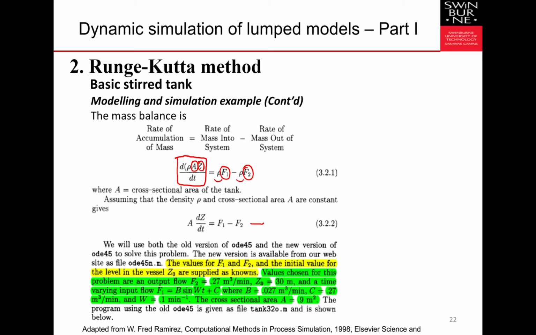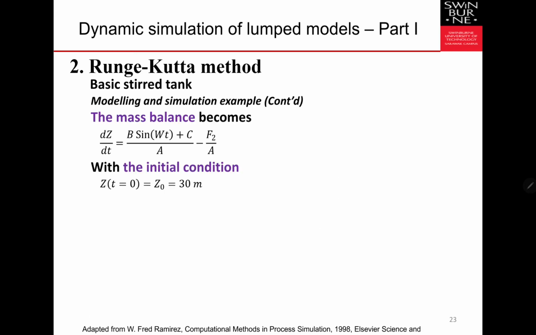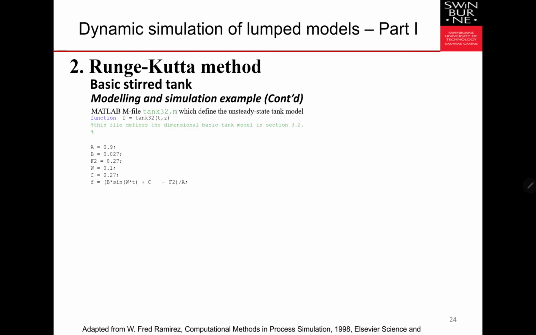Let's say we put in the values stated here, with the sinusoidal varying input flow, and the cross-sectional area of 0.9. Then we can solve this mass balance, which becomes this, with the initial conditions of this, and we can solve it using these functions here, which basically just represent our ODE.